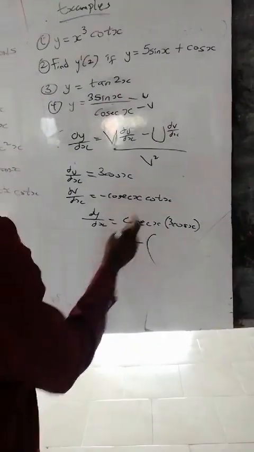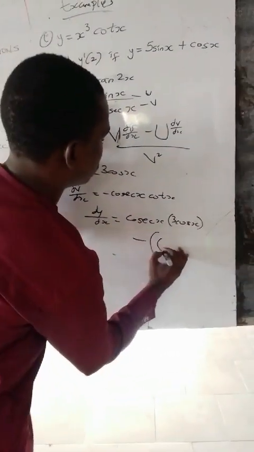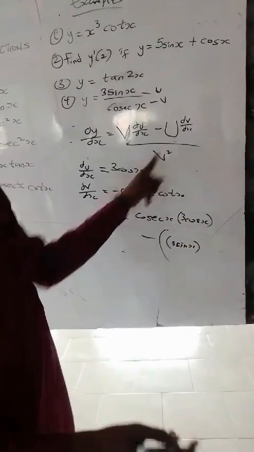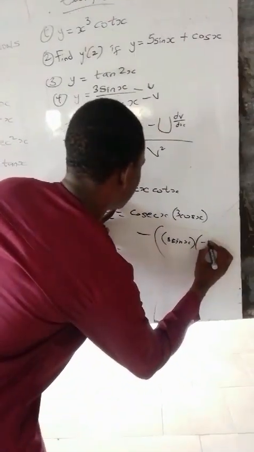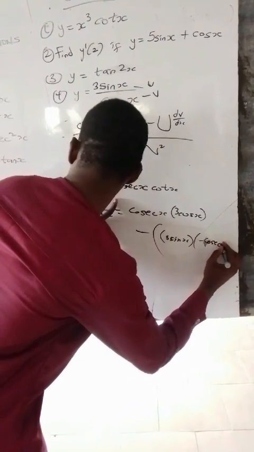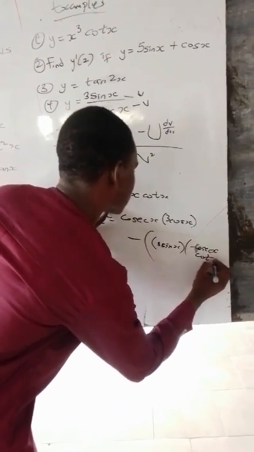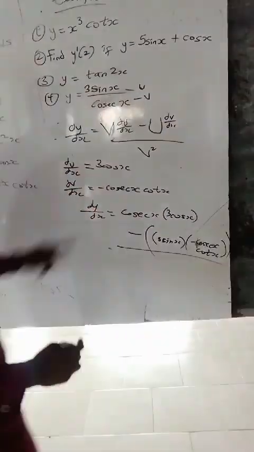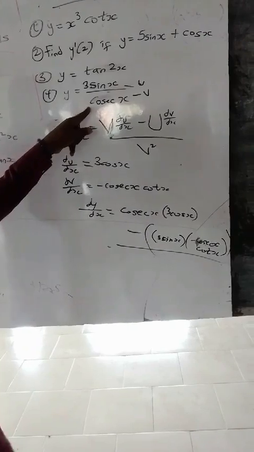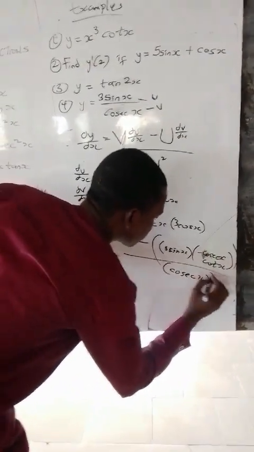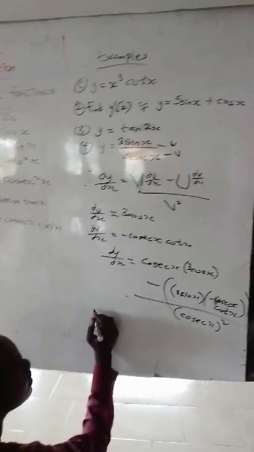Minus, like I said, you open a big bracket first before you start the next one. What is your u? 3 sine x. And what is your dv dx? You see how long it is? Minus cosec x cos x. So at the end of the day, all over what? What's v squared? That is cosec x squared.